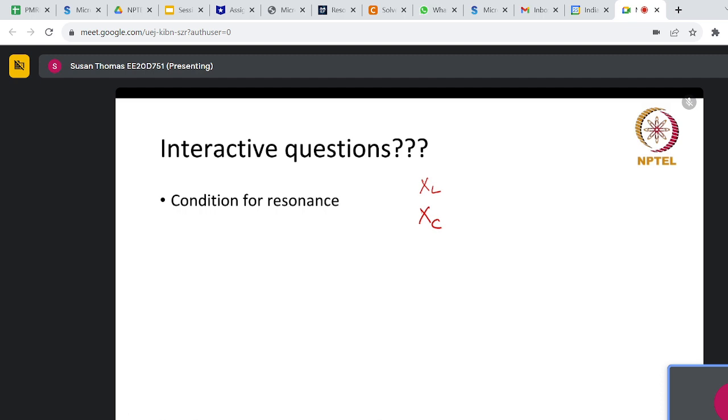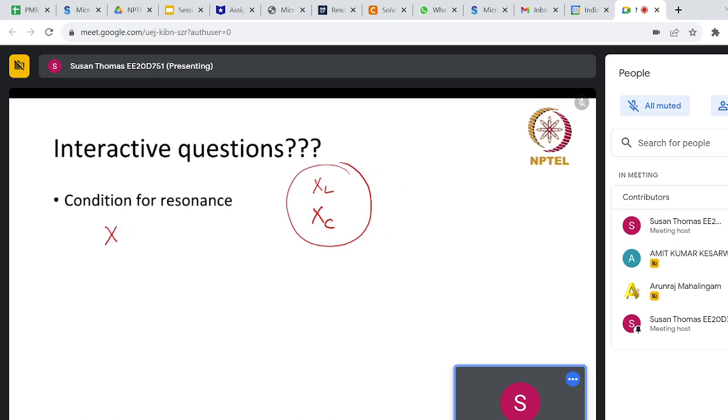At the condition of resonance, what will happen to this XL and XC? Is XL greater than XC, or is XL less than XC, or what is the condition for resonance?